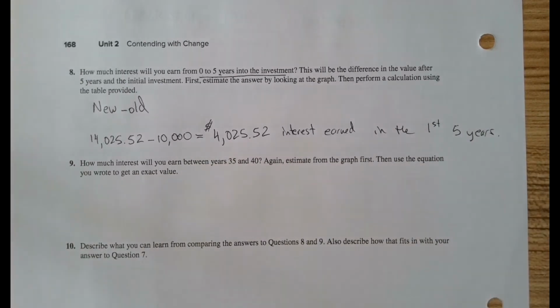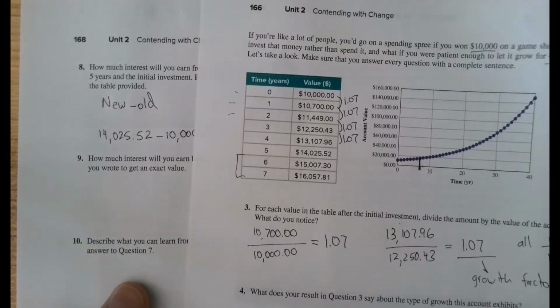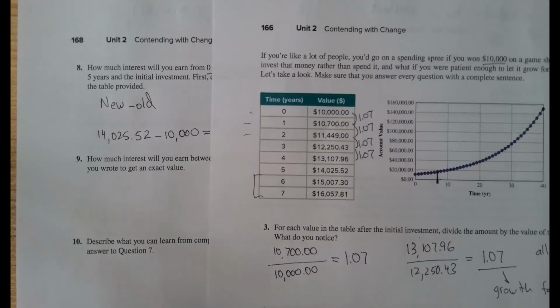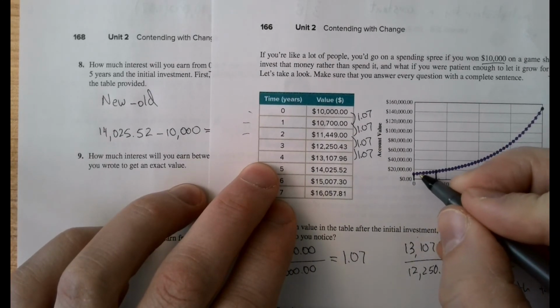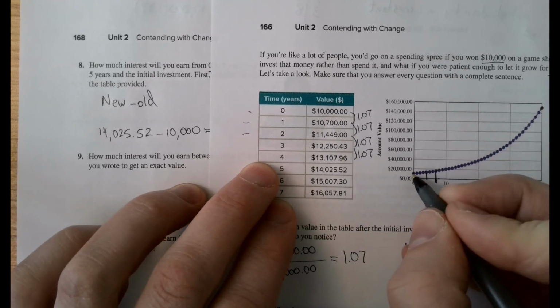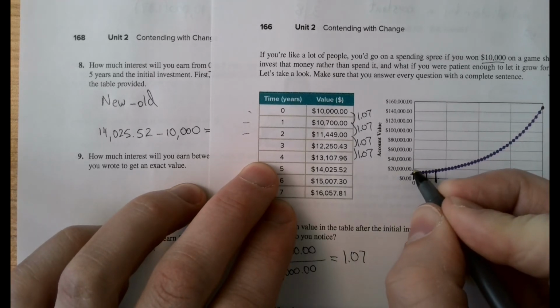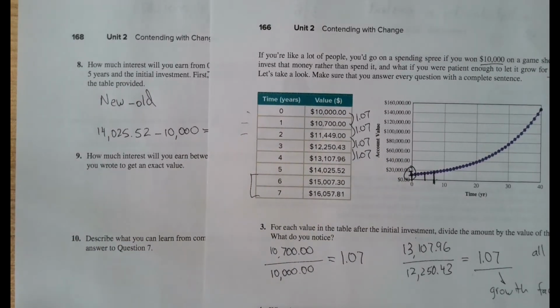And then our author says, all right, let's figure it out for 35 and 40. Well, our table doesn't give us those values. And also, he told us to estimate this thing. So here's year 0. This is 1, 2, 3, 4, 5. Here's year 5. So that $4,000 in our graph looks like this amount of change, that tiny, tiny amount of change.